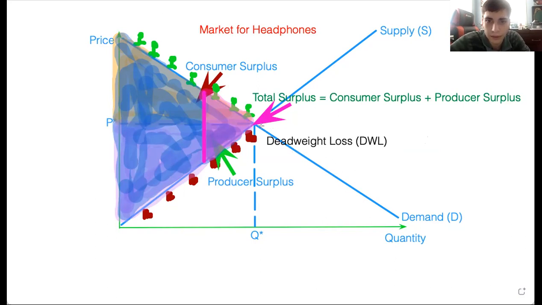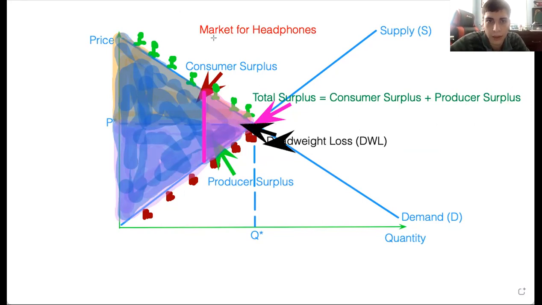We're going to get this. No, why are you doing that? What made you do that? So deadweight loss would be that area right there.